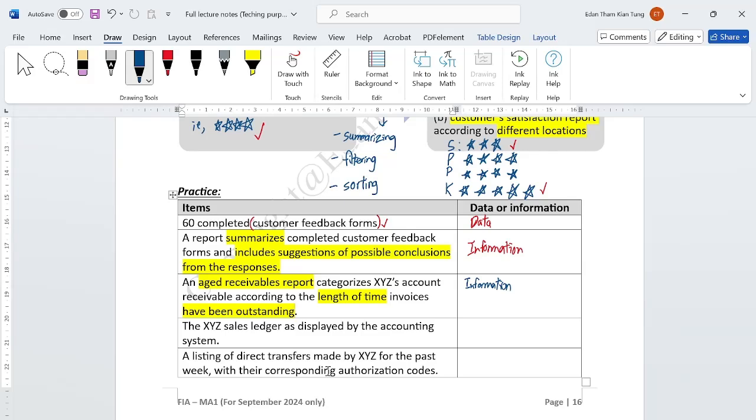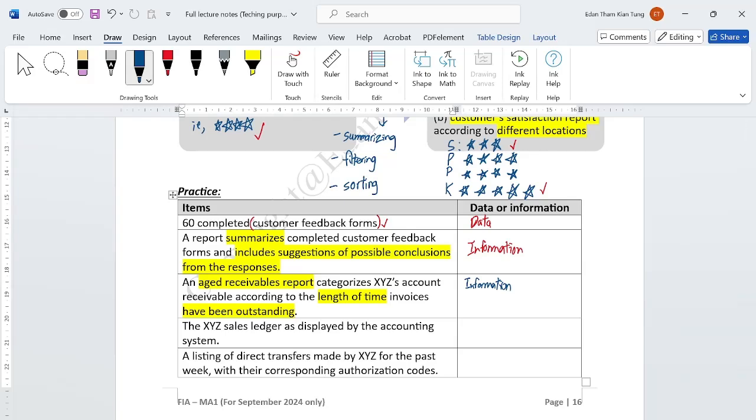After categorizing into 1 month, 2 months, 3 months, we can take appropriate action. For those customers who owe us more than 2 months, maybe it is time to send a reminder, so that we can trace back our money and make sure it does not become a bad debt. Understand, guys?